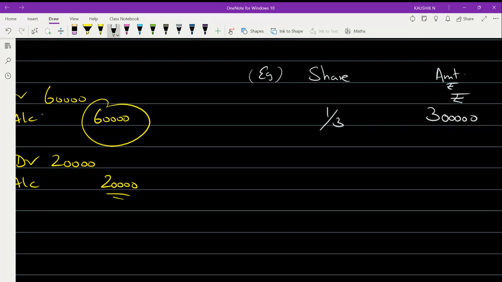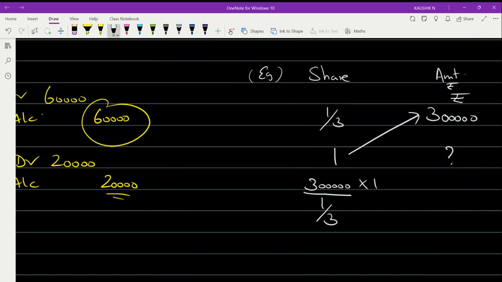Total capital of the firm. What is the total capital of the firm? சாரி, total share in the firm. Okay, let the entire share, total share in the firm 1 இருந்ததுன்னா அப்ப அதுக்கு எவ்வளவு capital இருக்கணும்? So that means we are just cross multiplying the entire share with this amount. So 3 lakh into 1, divided by one third.